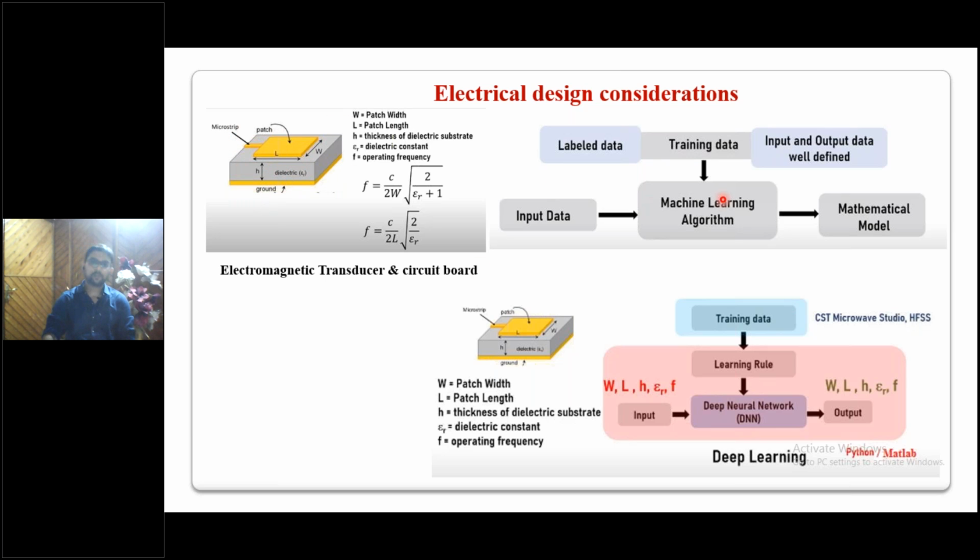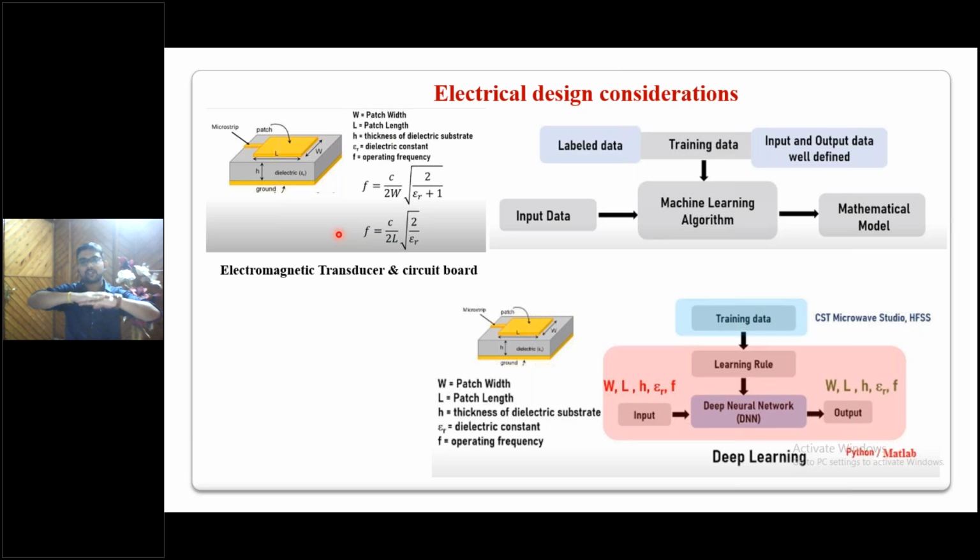So let me give you a brief introduction about these things without getting into the depth. This patch antenna has got these parts. Essentially we have a ground plane. What is the basic purpose? We have a fabric here, let's say this is the fabric, which is non-conducting, and on top of that we'll place a ground plane.